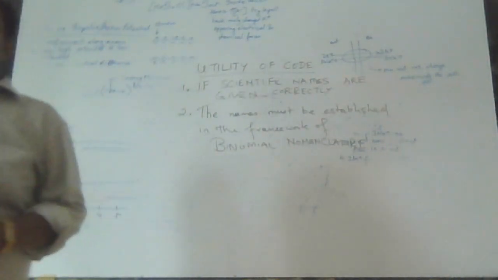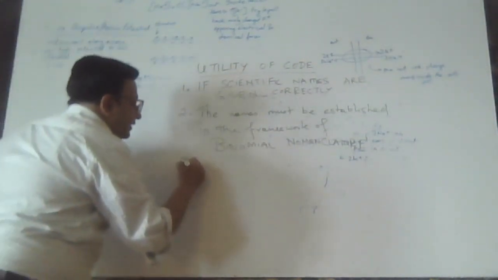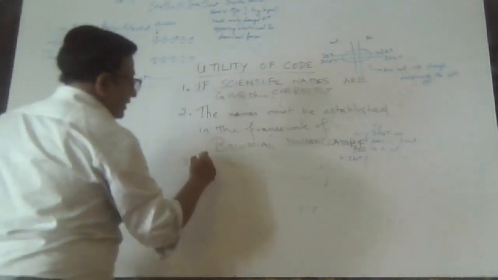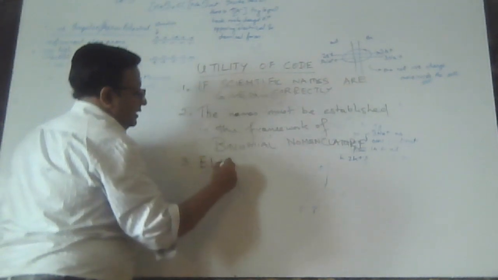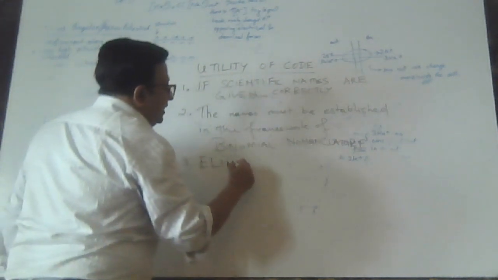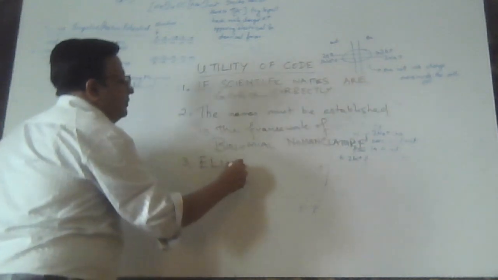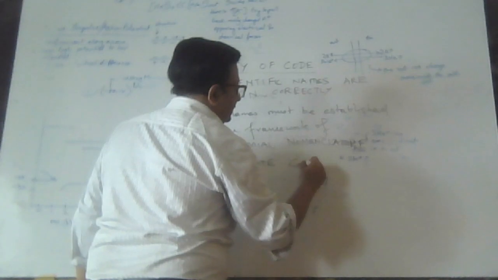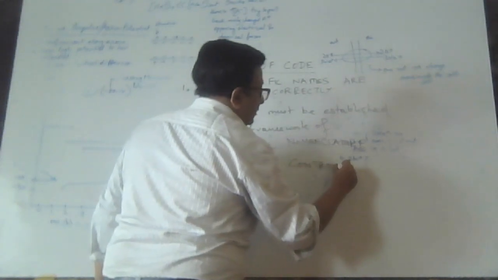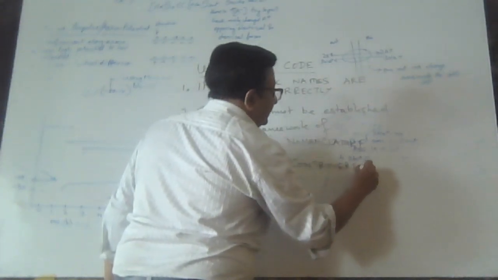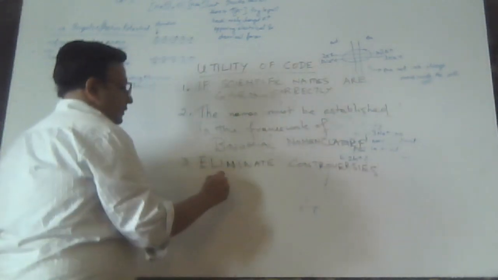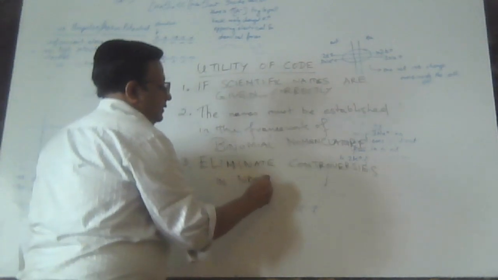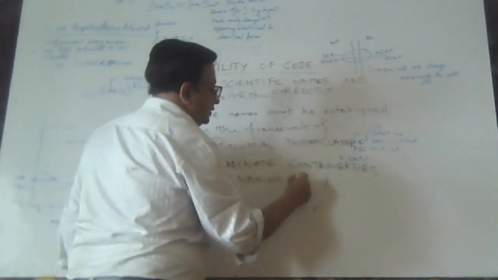The next point is you need to see whether there is controversy. Eliminate controversies in naming organisms.